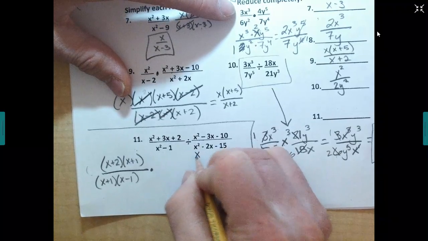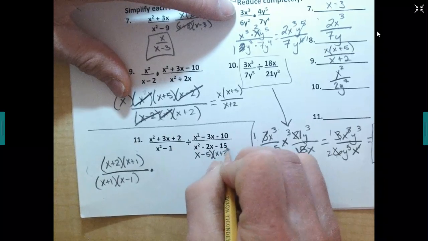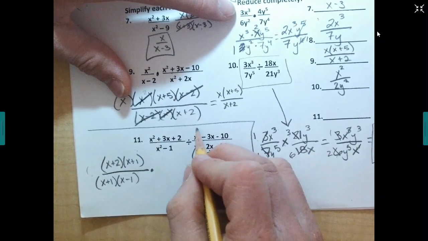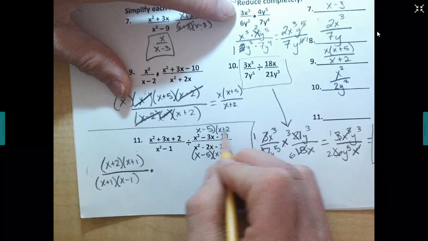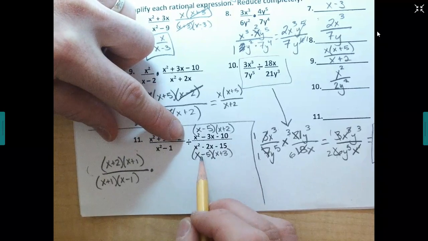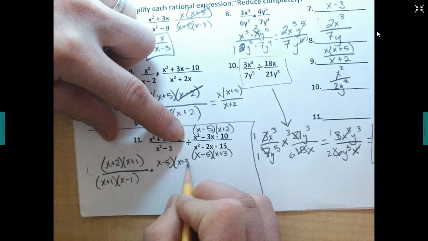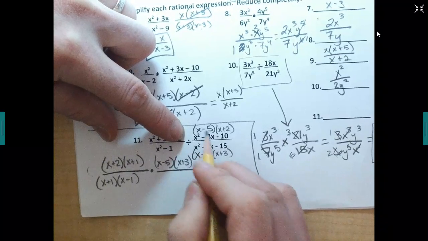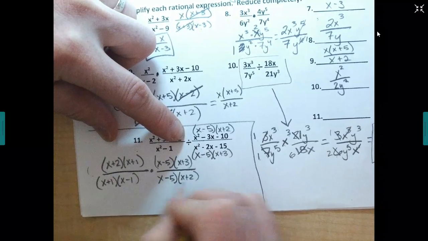So this is x minus 5, x plus 3. And this one is x minus 5, x plus 2. So this one, I flip them. So this goes to my top. x minus 5, x plus 3, x minus 5, x plus 2.